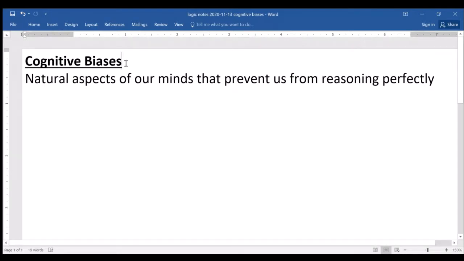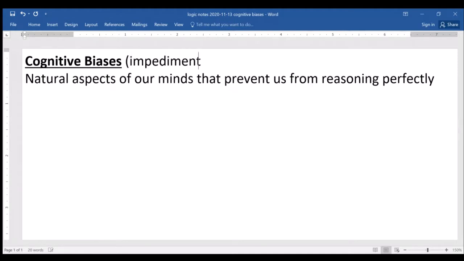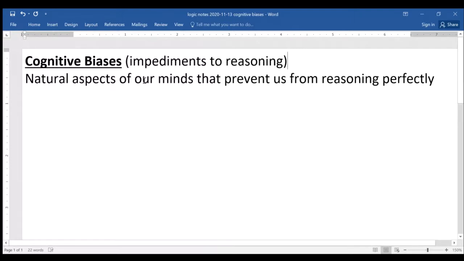Some people refer to these cognitive biases as impediments to reasoning or roadblocks. They're these aspects of our mind that stop us, that hinder our ability to reason as effectively as we could naturally otherwise.